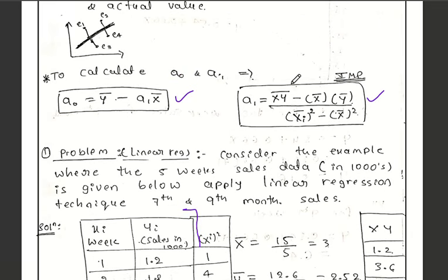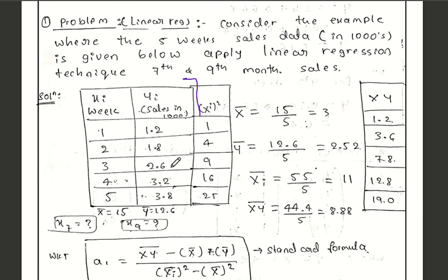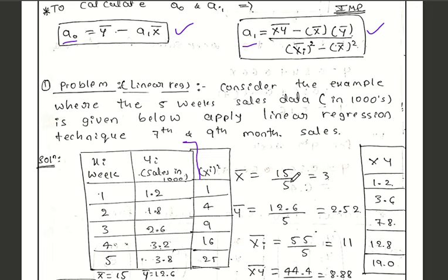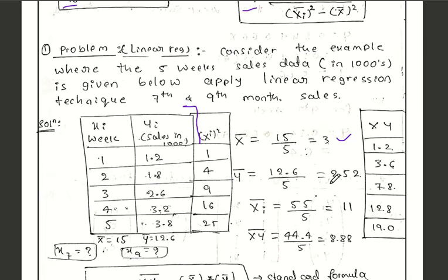To find a naught and a1, we need the xy bar, x bar, y bar, xi square, and x bar square. Let's see the x bar. X bar is the mean of these x values. You need to add all 5 and divide by 5, and you will get x bar. Like that you need to do the y bar.